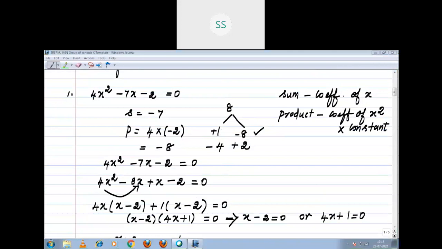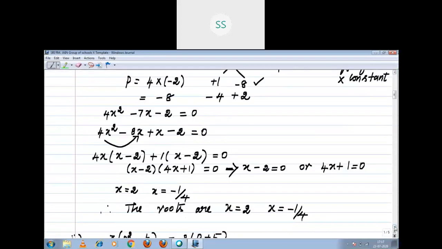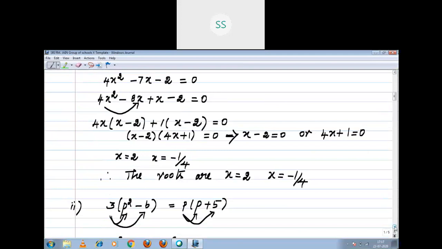What you wrote here, the same thing you write here, right? Then you have to consider the symbol and the coefficient of this part, right? Now, what is your root? x is equal to 2, x is equal to minus 1 by 4, right? Therefore, the roots are. Now we'll pass on to the next.